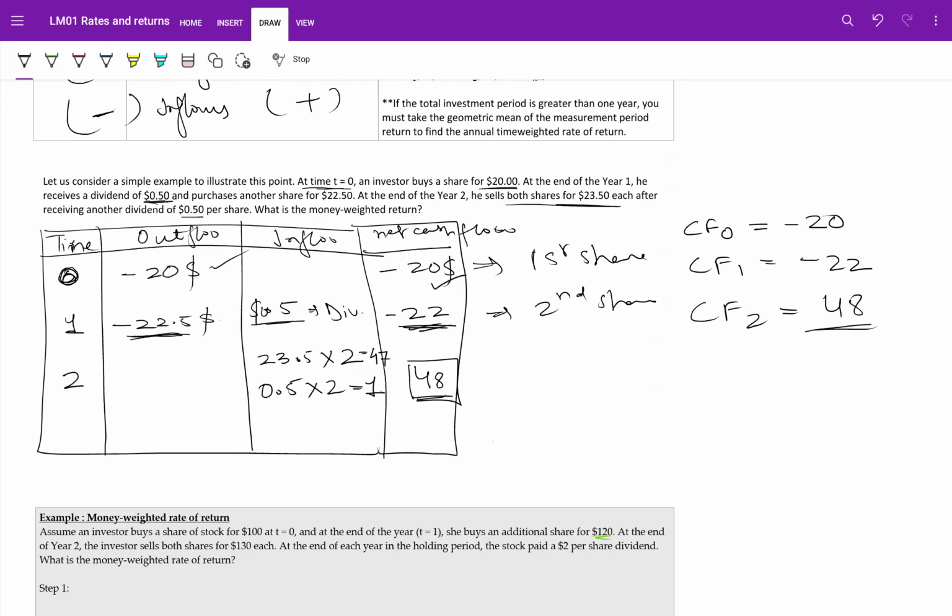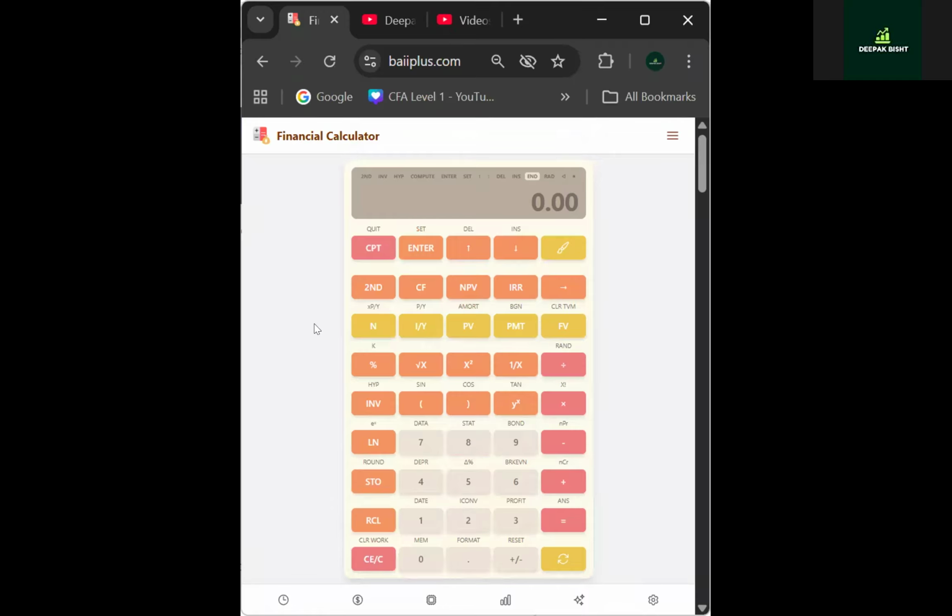Now we are going to see how we can use our calculator to calculate these numbers. Let me just clear everything. So here in our calculator, we have a function CF.